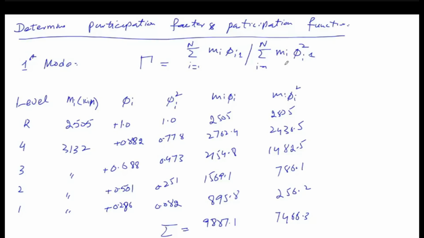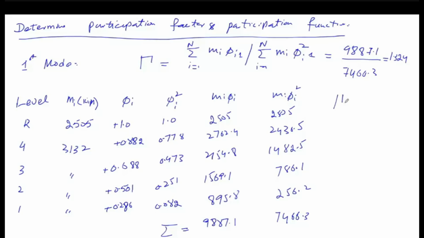Now if we put these values in this equation, we get 9887.1 divided by 7466.3. So we get the factor as 1.324.